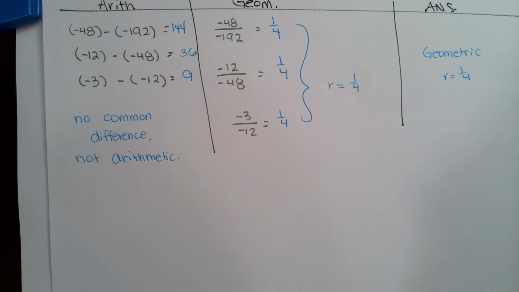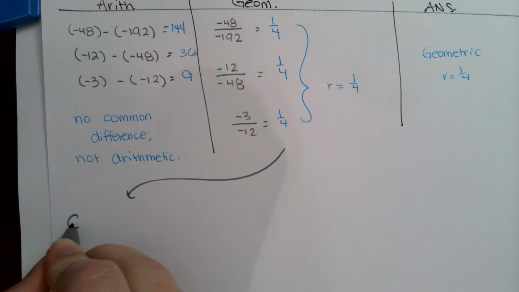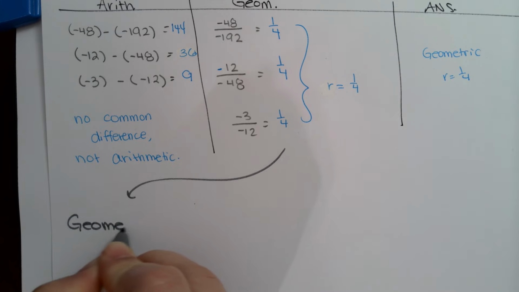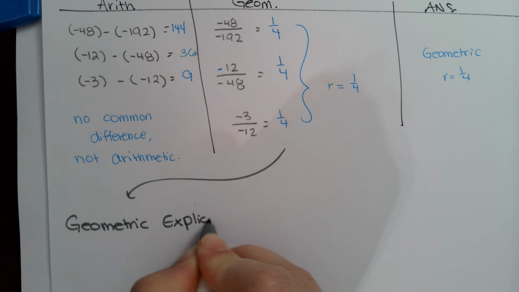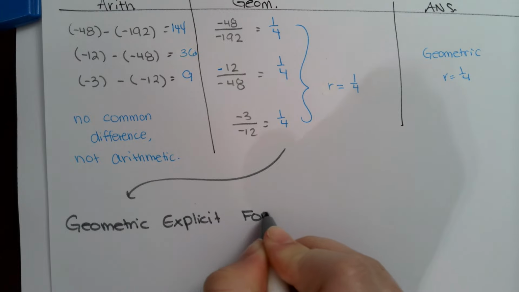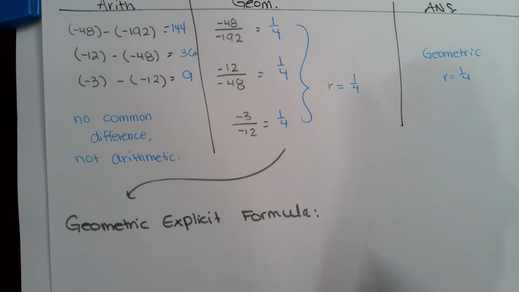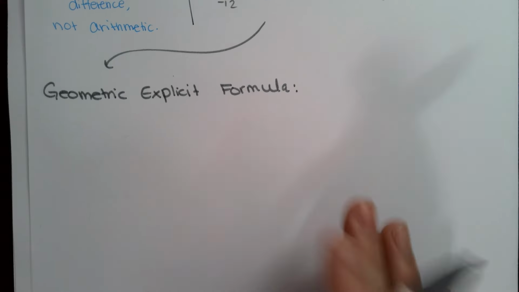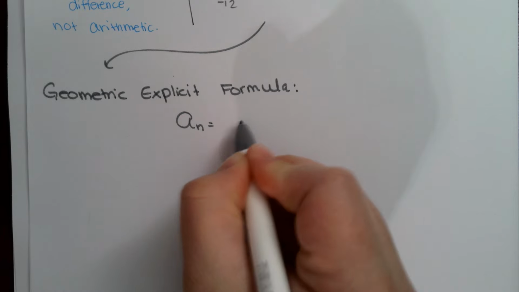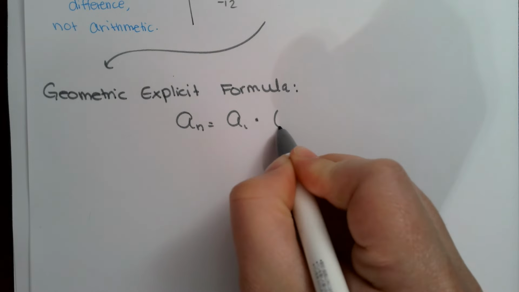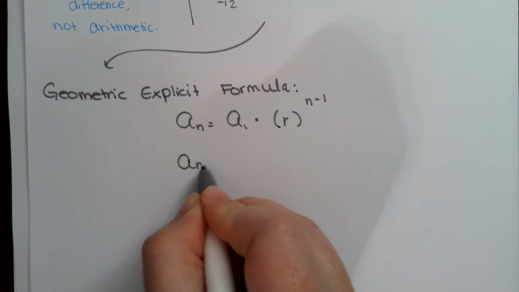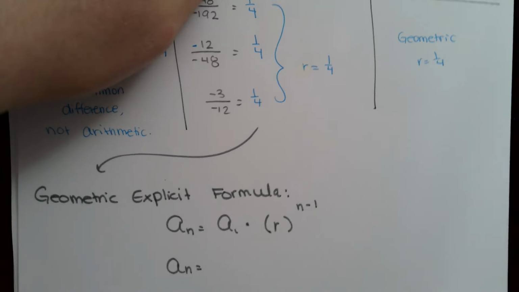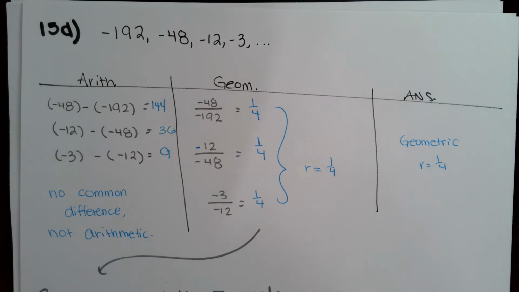All right, since we know this is geometric, we're going to write out the geometric explicit formula. And that is a sub n is equal to a sub 1 times open r to the n minus 1 power. So that means a sub n is equal to, all right, let's go back to our first term of the sequence.